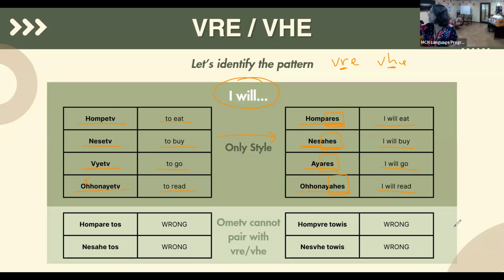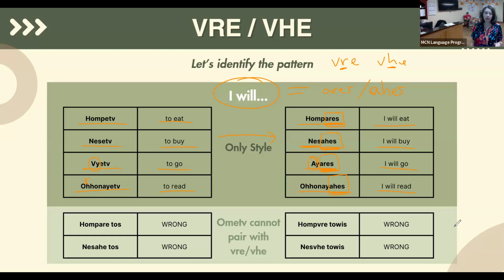Ahis or athlis. Ayathlis, our root is I, right? Because it changes to an A. Not to worry about why. Athlis then is the I will and I will go. And ahis being the I will and I will read. So that means our pattern is athlis or ahis for I will.